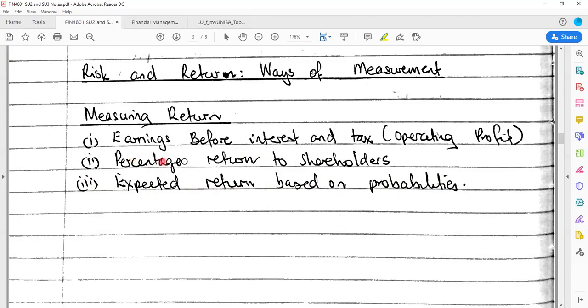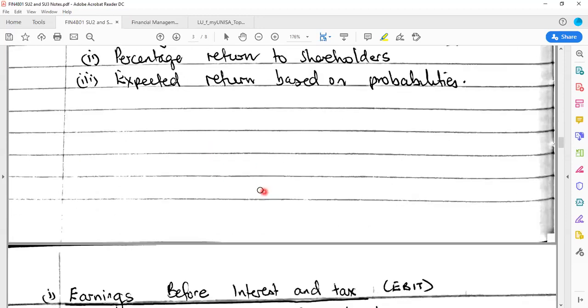In the previous class that I made, I think I had incorrectly given you a wrong formula here, but I've corrected it in this video. Percentage return to shareholders is not the same as return on equity. I think I had given you the formula for return on equity, so please do fix that in your notes.